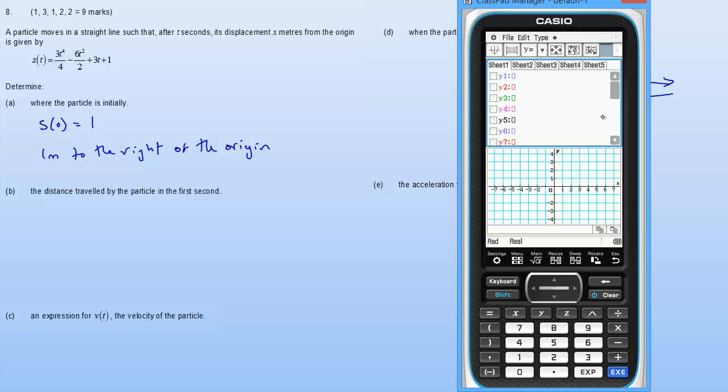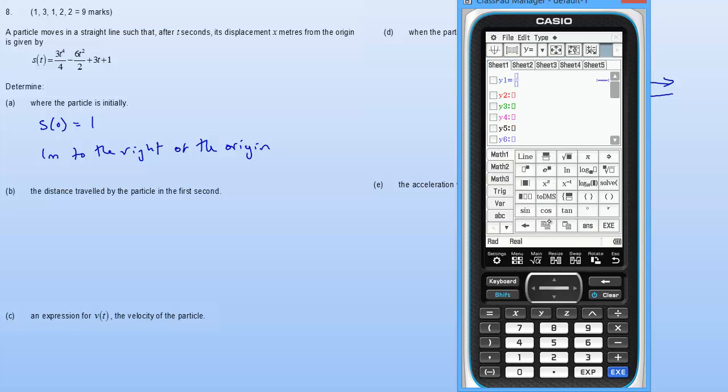So we have got 3x squared over 4, take away, sorry, that one's to the power 4, 3x to the 4.